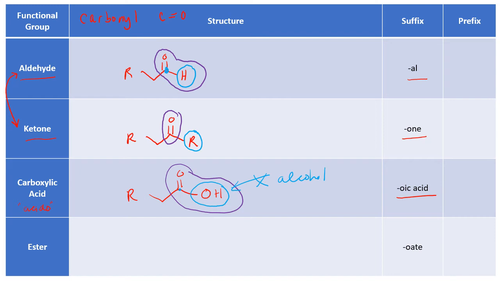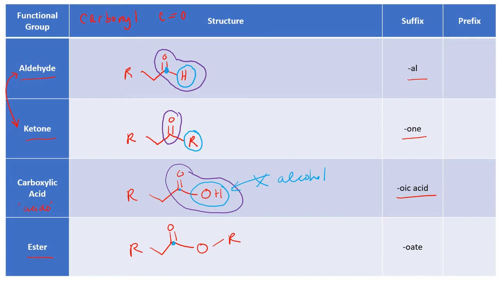And lastly, we have an ester. So an ester is kind of similar to an ether. It's an oxygen-containing functional group, but we have our carbonyl, where we have our carbon double bonded to our oxygen, and then that is attached to an oxygen, which is then bonded to some other R group. So similar to a carboxylic acid and similar to an ether.